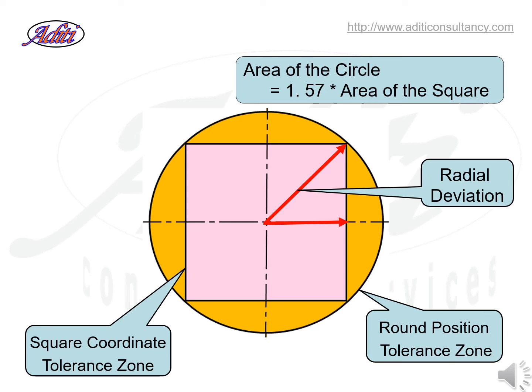Whereas in case of round tolerance zone, in all the directions the radial displacement of 0.14 is available. The meaning of this is, when the parts are inspected as per the first drawing, where the square tolerance zone is applicable, some of the jobs which are functionally good get rejected. Whereas in the second case, all functionally good parts will get accepted.